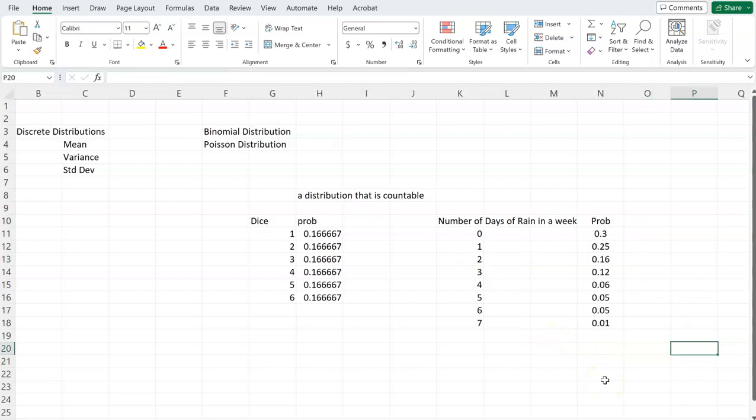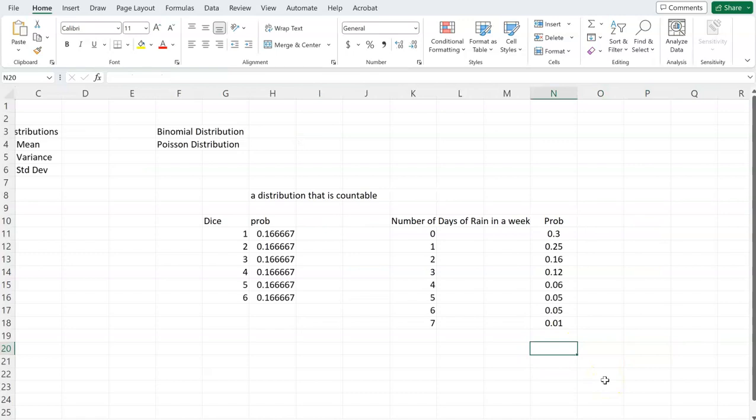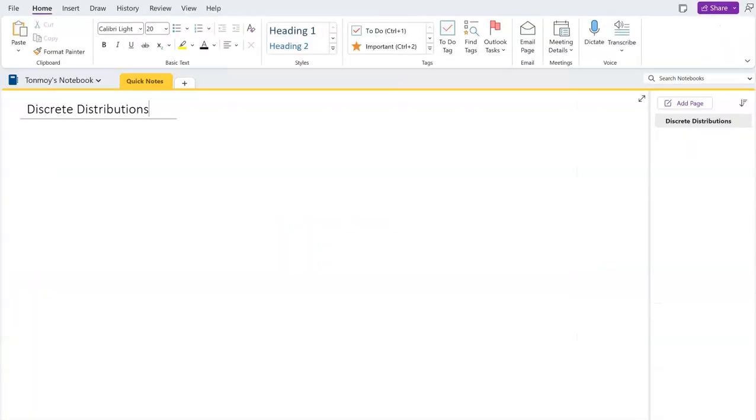Now from here we can calculate the average number of days of rain that we can have. Usually, whenever we did discrete distributions, if I wanted to find the mean, the mean would be basically 1 over n times the sum, going from i equals 1 to n, of xi. So n means number of observations.